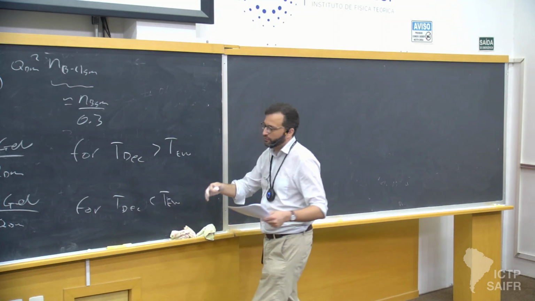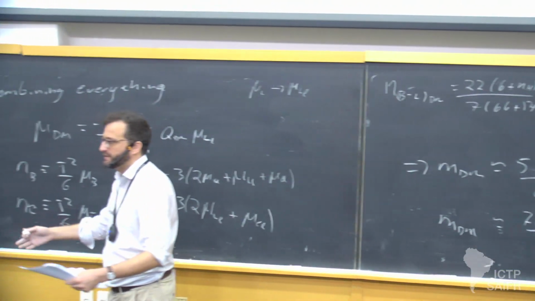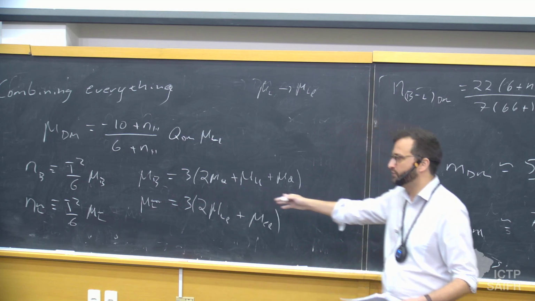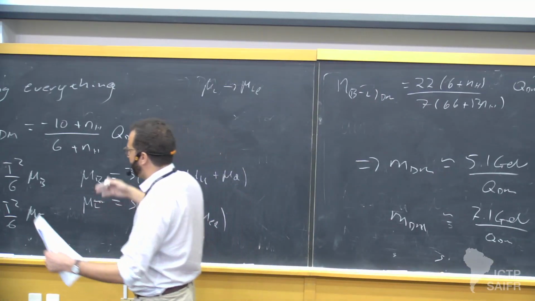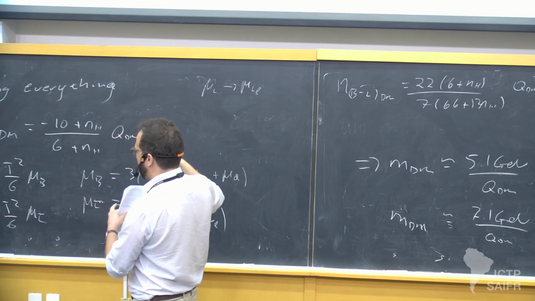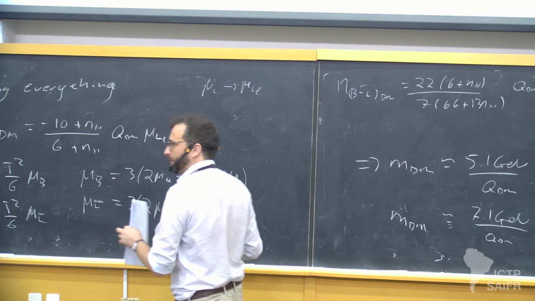So here we assumed the dark matter, or everything here, was approximately massless compared to the temperature, yeah? So we had this relation where the asymmetry was like T cubed on 6 times the chemical potential over the temperature, yeah?